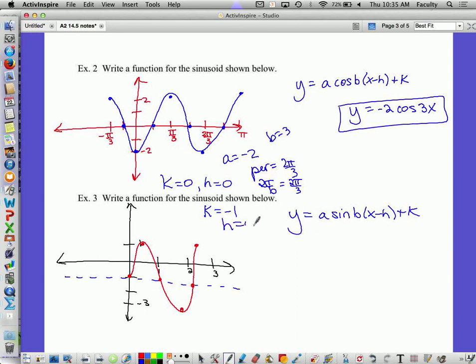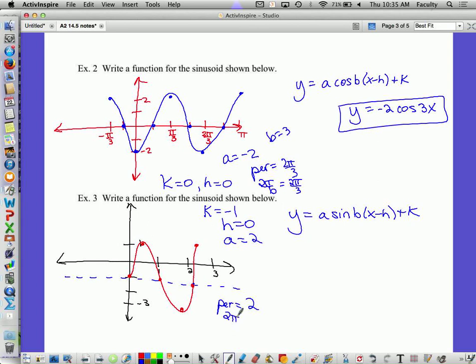So we also know h is 0. What's a? It's 2, and it's positive. Then what's the period length here? How long does it take to repeat? No, not 1. To 2, right? Right here. It does a whole cycle to 2.